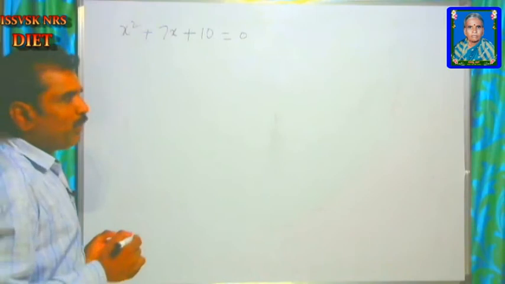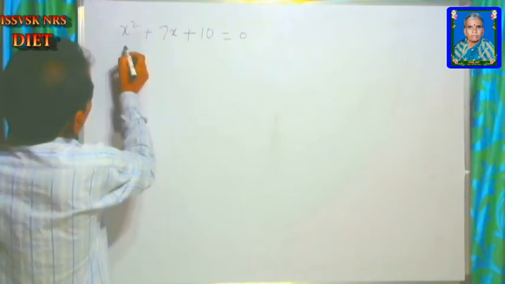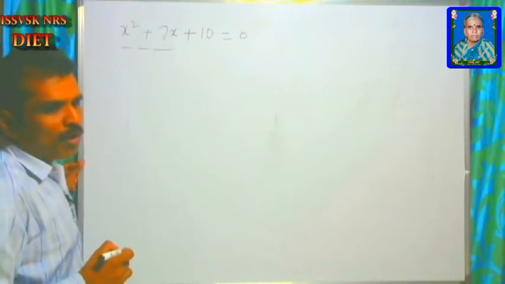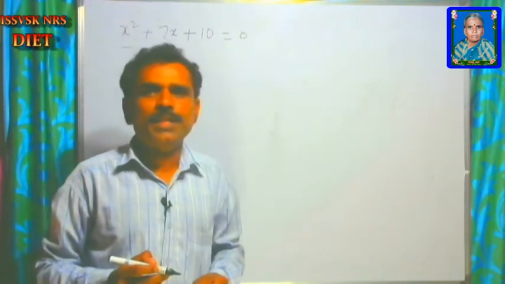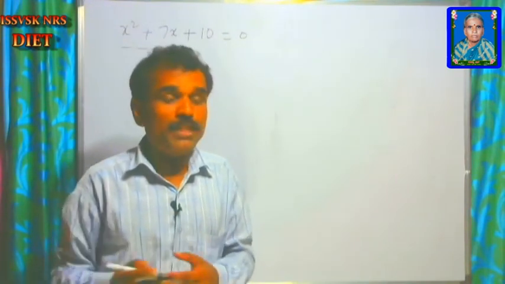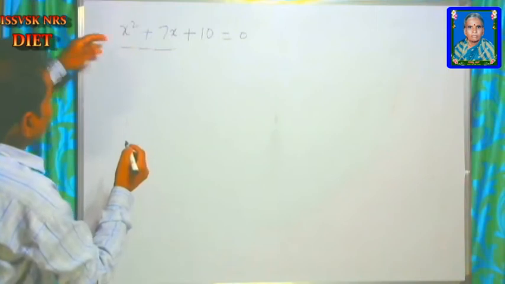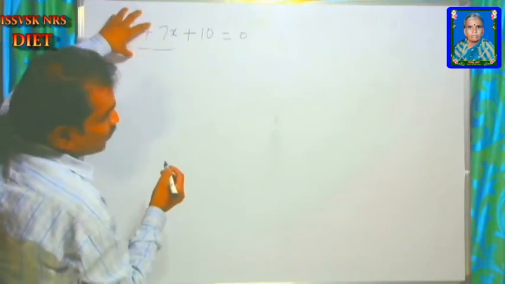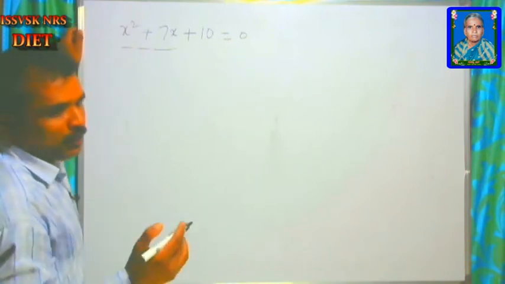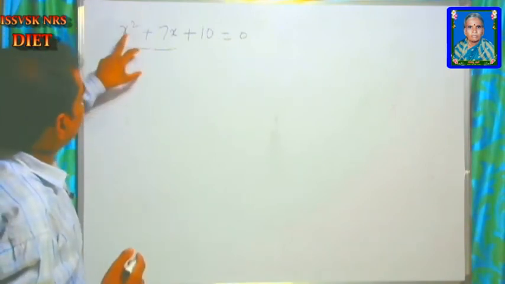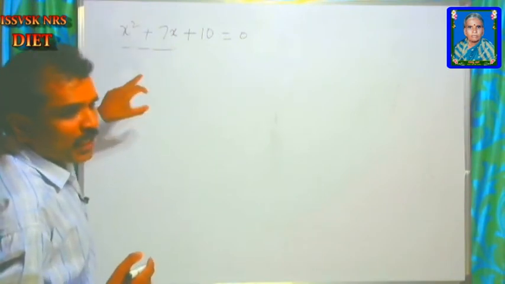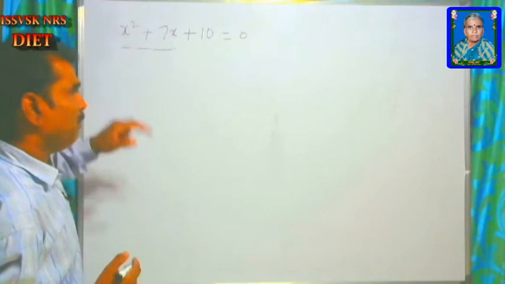In the next step, we have to write this portion in the form of a square plus 2ab plus b square, which is equal to a plus b whole square. So let us write x square plus 7x in the form a square plus 2ab plus b square.